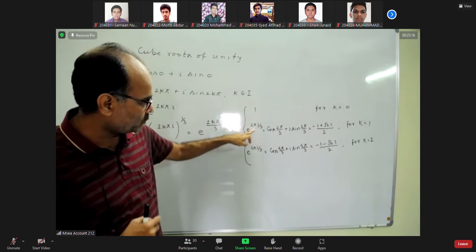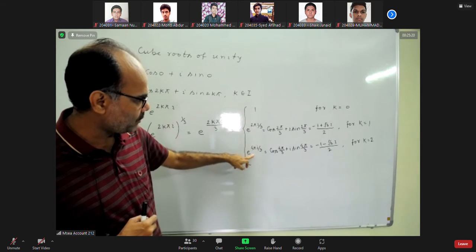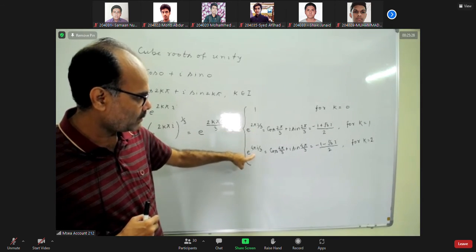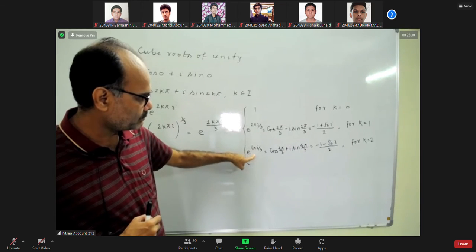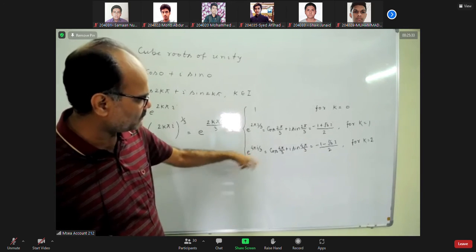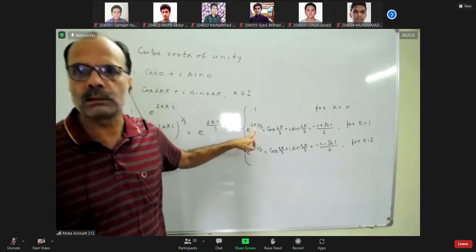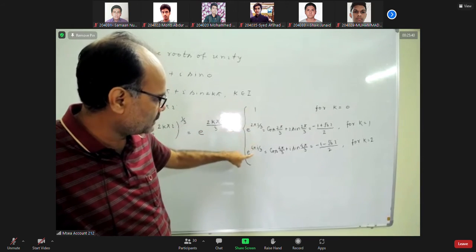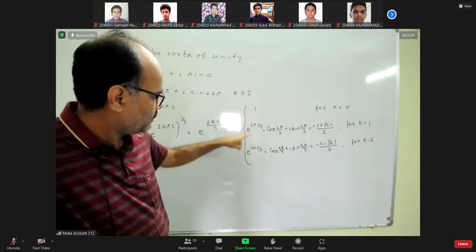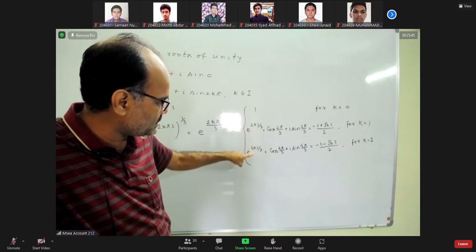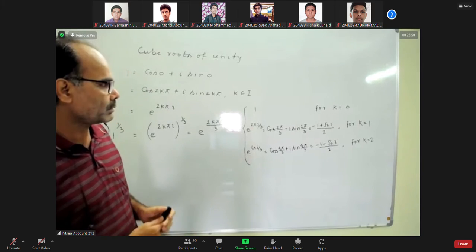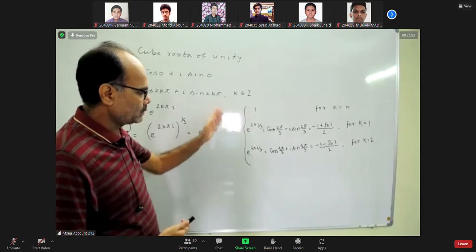Now, these are 3 cube roots of unity. See, suppose if you square it, you will get this complex number. And if I denote it by omega, this will be omega square. In general, we will take: if this is 1, this is omega, this is omega square, because the square of this complex number is this one.